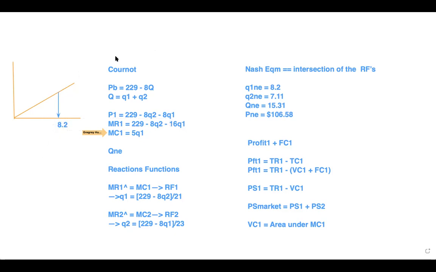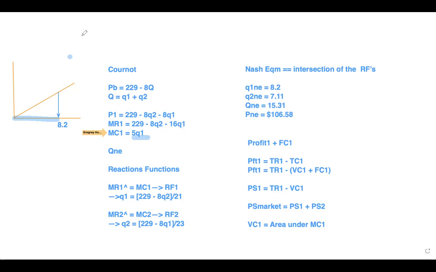Right. That gives us the base of the triangle, so 8.2 is the measurement along the horizontal axis. We need the height of the triangle too, and it's easy because we know this is 5. If we plug it in to get the value of the function here, 5 times 8.2 is 41.